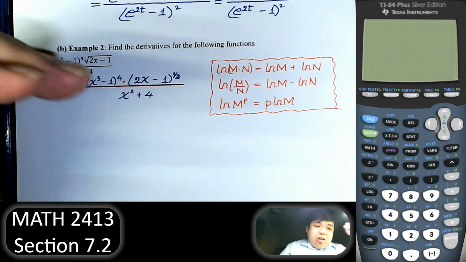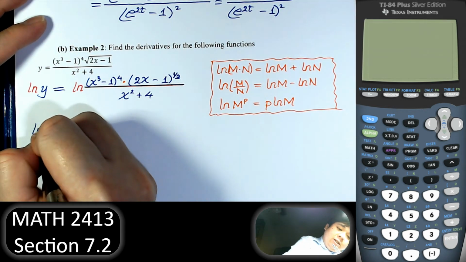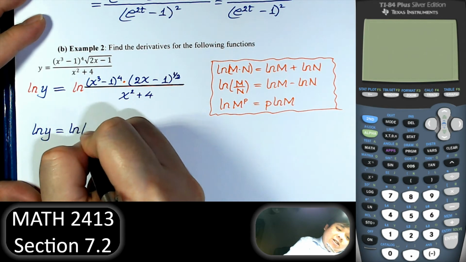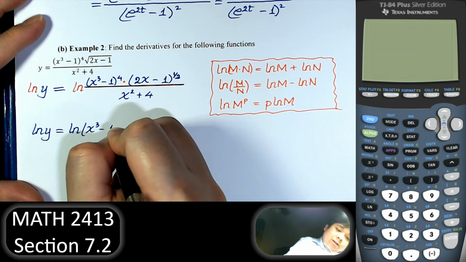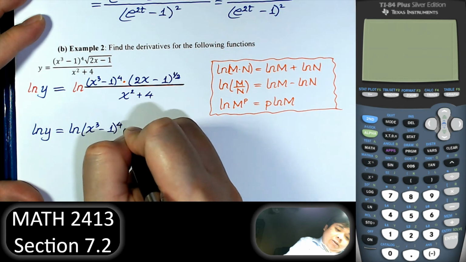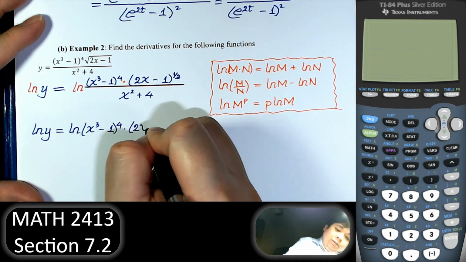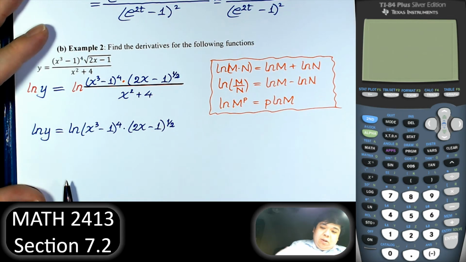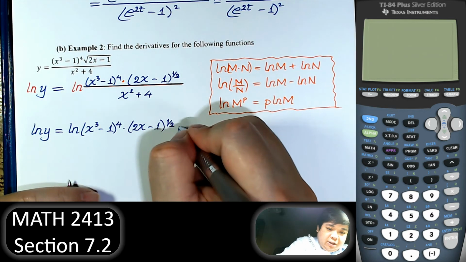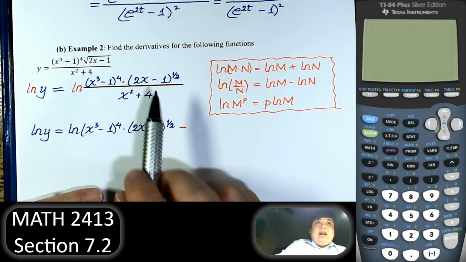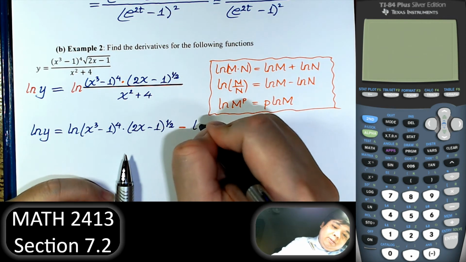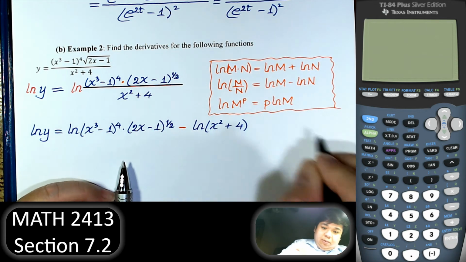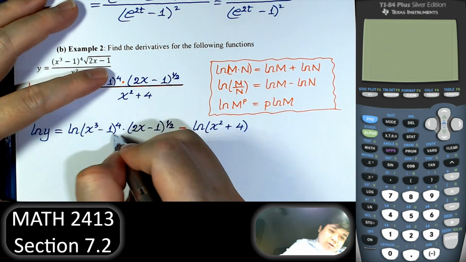First, there's a quotient, so I will split. So there's no calculus here yet. And then subtract, because that is a quotient. Right, still no calculus yet.